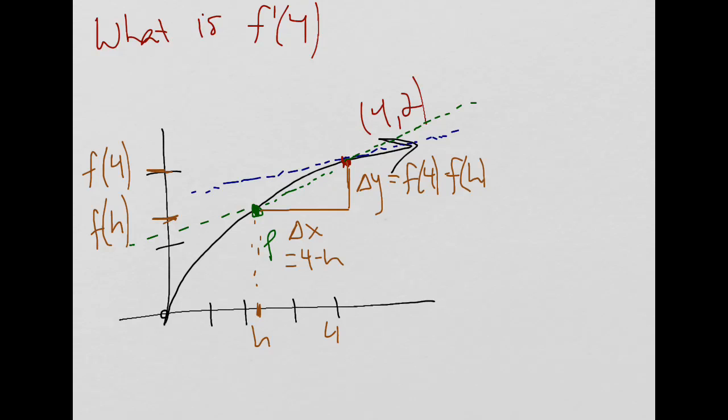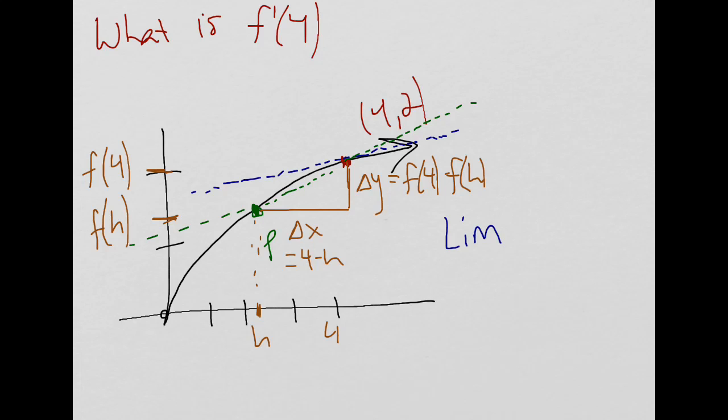So what I want you to notice is that, remember, I want to calculate the slope of this thing at that point right there. So what I'm going to do is take this green line and get it closer and closer to this blue line. I'm going to take the green dot and slide it in to this dot. I'm going to write it out all at the same time. So I'm looking for the limit.